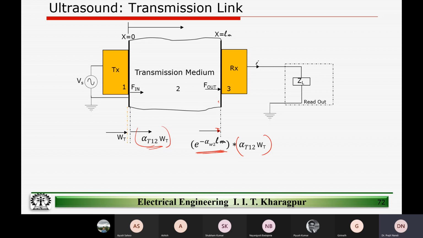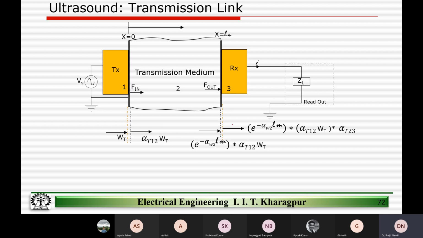So this is multiplied by e to the power alpha Wt Lm, and this decay is also proportional to Lm, right? The distance that the wave has traversed. We had seen this equation when we discussed the wave equations. We had discussed these phenomena. I'm not going back into that. And so this is the power that is incident on this interface.